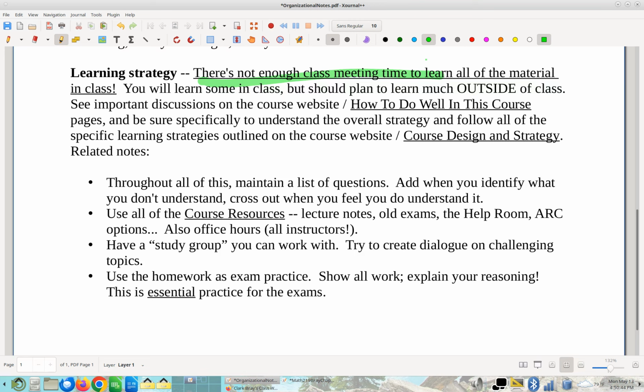The punchline is that a lot of the learning is going to happen outside of class. You'll learn some in class, but everyone's different, so I can't quantify this. You should expect that much of your learning is going to come outside of class.